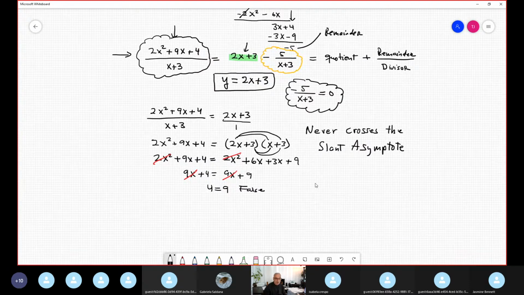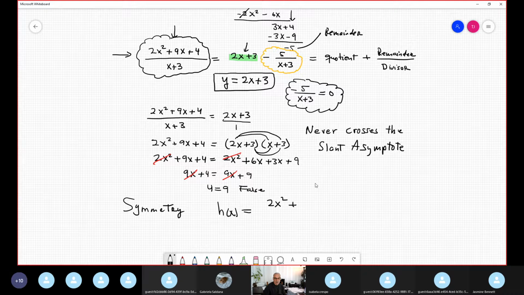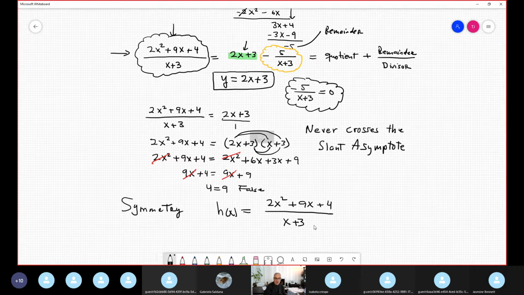One quick inspection, symmetry idea. H of x is equal to x squared plus 9x plus 4 divided by x plus 3. One quick inspection of my function.